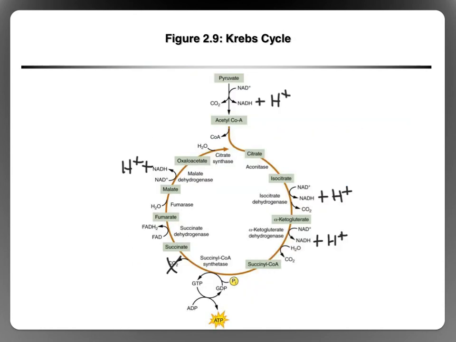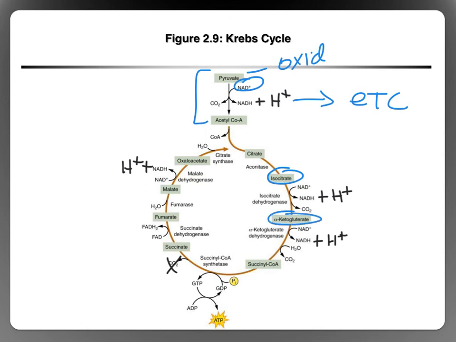Okay, we also see some redox occurring in the intermediate step. So in the intermediate step, pyruvate gets oxidized, gives its hydrogens and electrons to NAD. NAD gets reduced, carries them off to ETC. If you look at the Krebs cycle, isocitrate gets oxidized, alpha-ketoglutarate gets oxidized, malate gets oxidized.